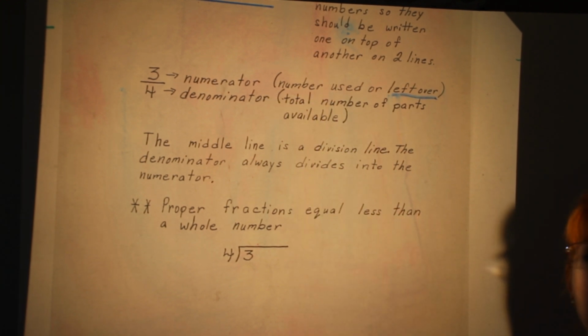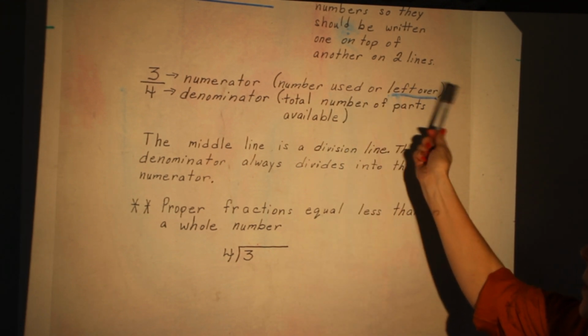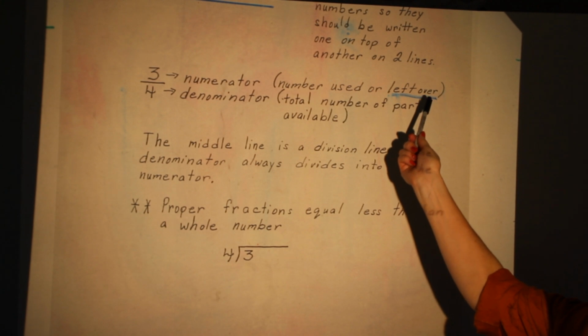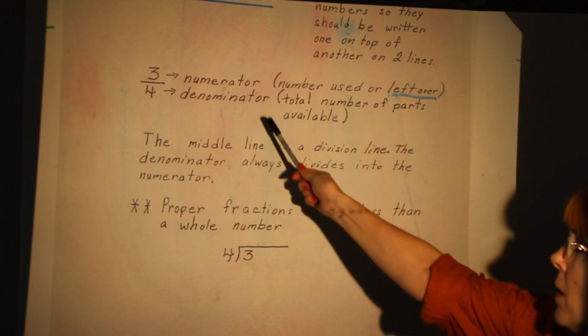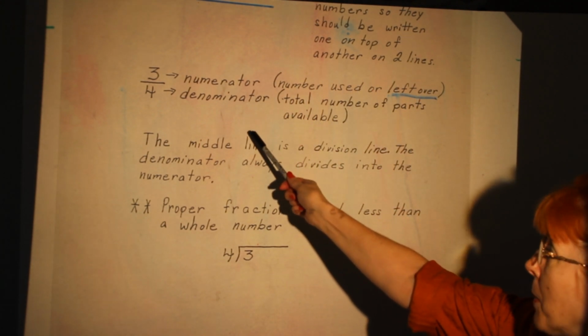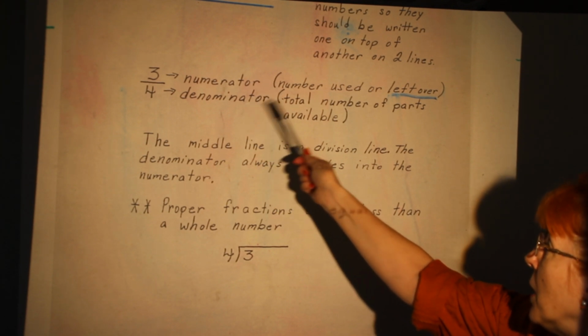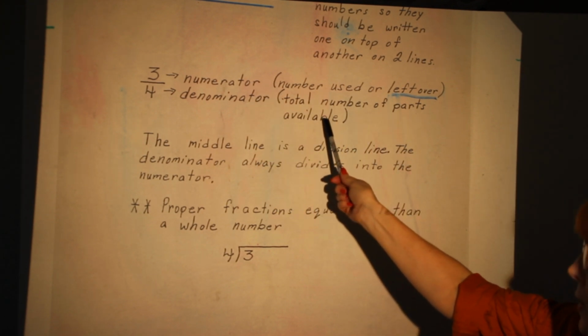And it tells you the number of parts that are used or the number of parts that are left over. Your total number of parts is your denominator. That's your bottom number. Denominator. Total number of parts available.